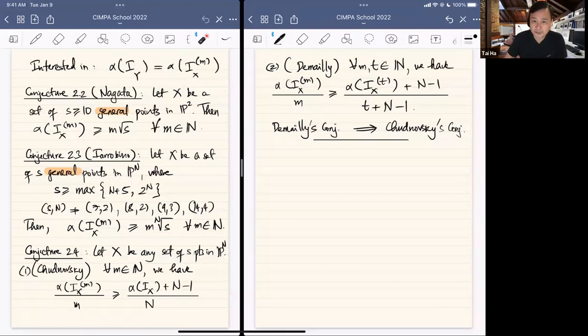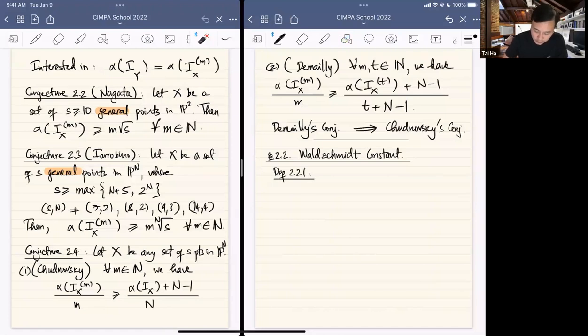So these two conjectures can be rephrased in terms of another invariant associated to an ideal, or the defining ideal, of a set of points. And so I'm going to move on to define that invariant, called the Waldschmidt constant. The Waldschmidt constant is defined for any homogeneous ideal.